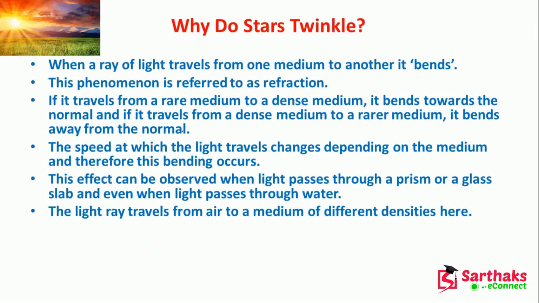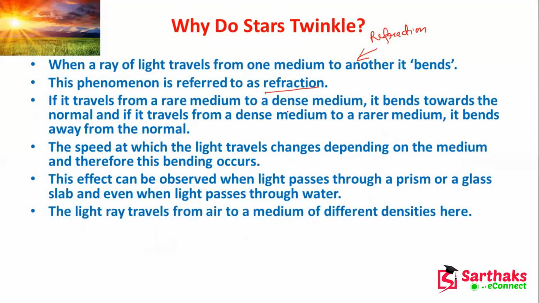When a ray of light travels from one medium to another, it bends. This we have understood from refraction. If it comes from one medium to another, due to the difference in density, it will bend, and this phenomenon is referred to as refraction.